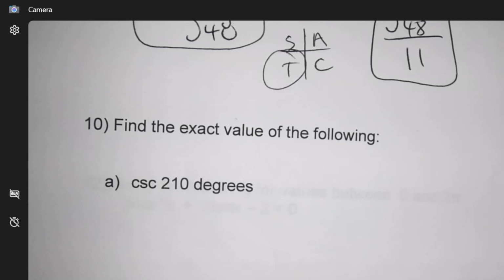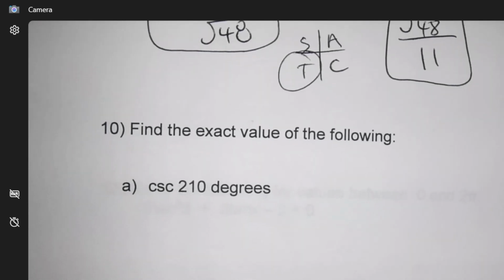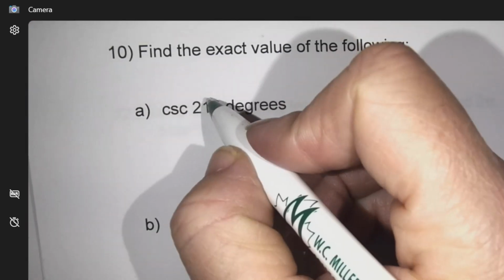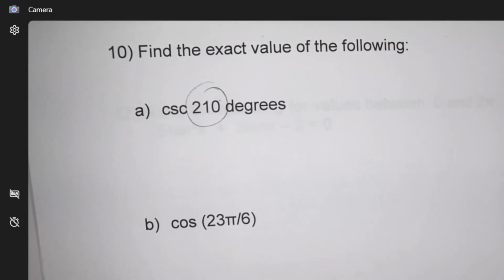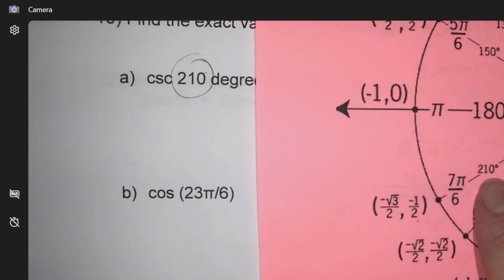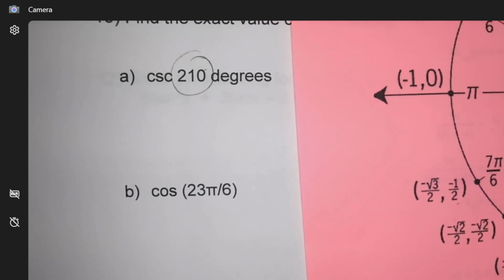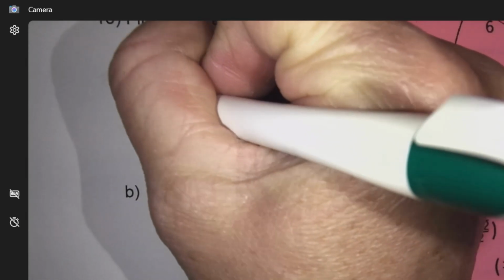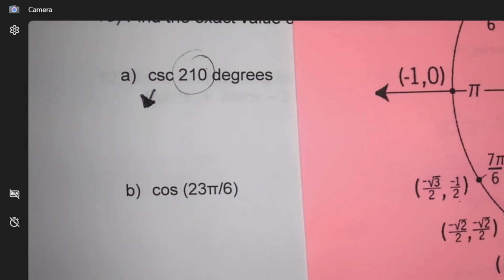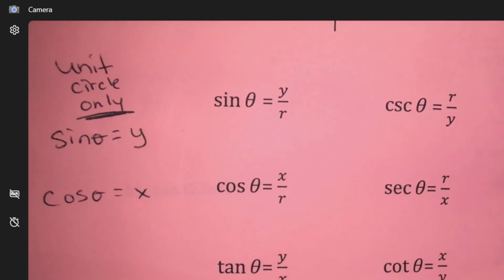Okay, no calculator. Find the exact value of this. So we're going to have to go to our unit circle. We're going to go to 210 degrees. So we're going there. And what does cosecant tell me to do? So do you remember what we wrote on our cheat sheet here?